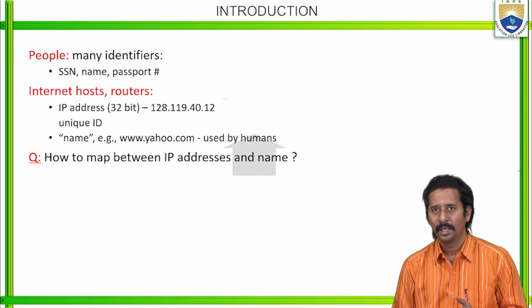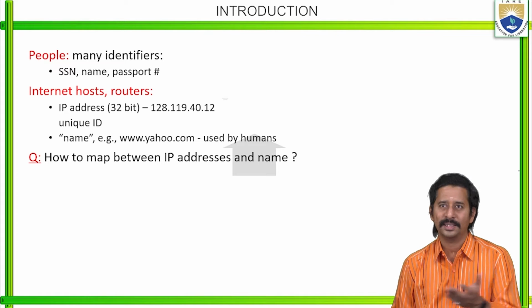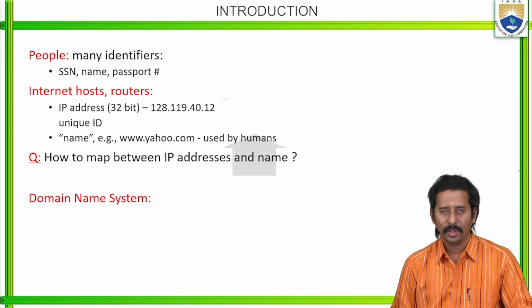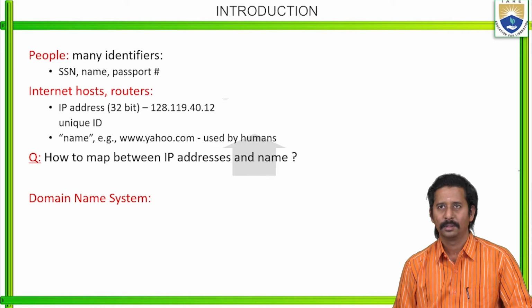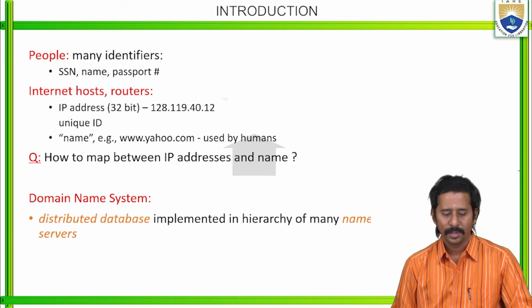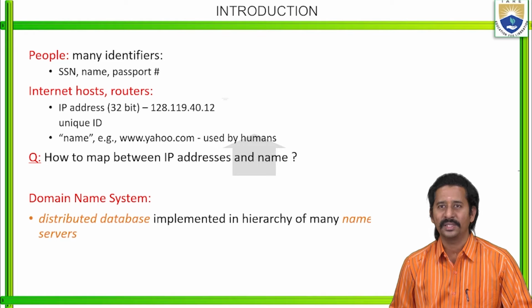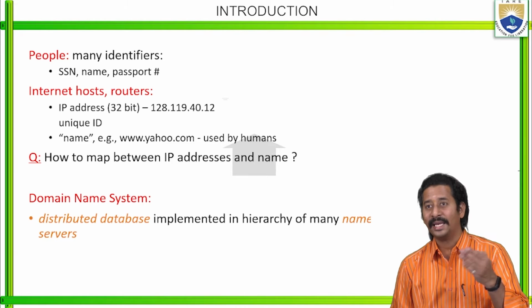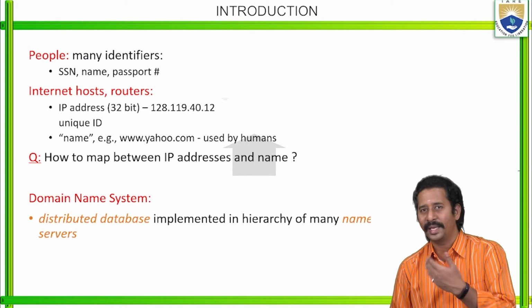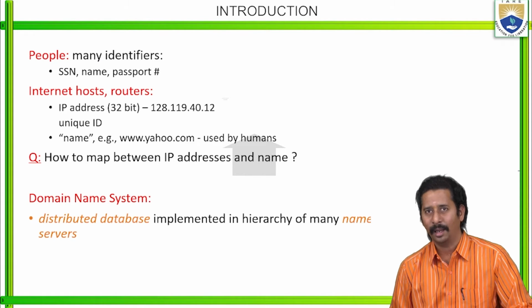Now the question is, how do we map between the IP address and iare.ac.in? For that, the application layer provides one protocol, DNS, the Domain Name System. It is a distributed database implemented in a hierarchy of many name servers. What does a hierarchy of many name servers mean? We will discuss that later.